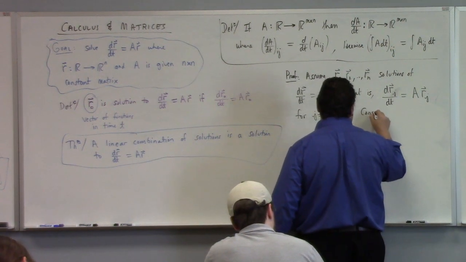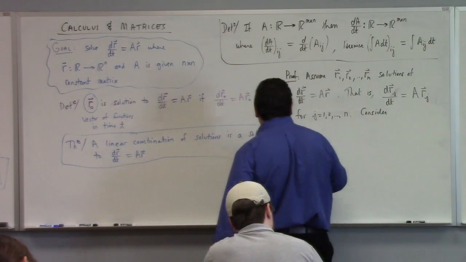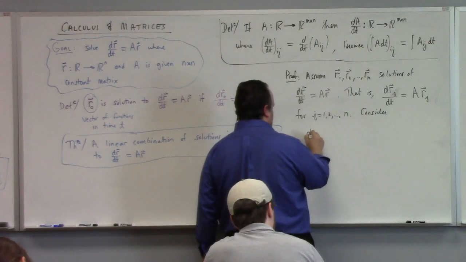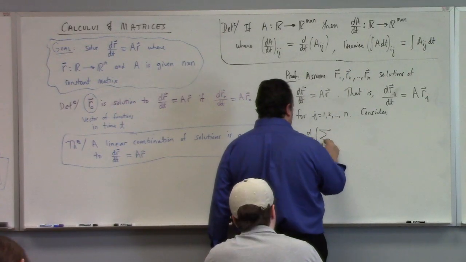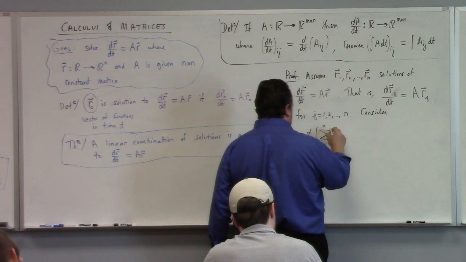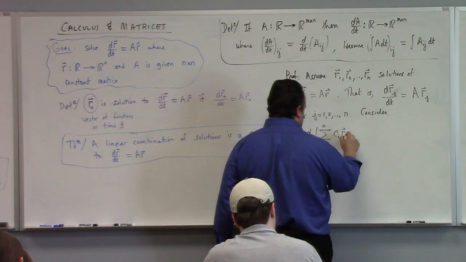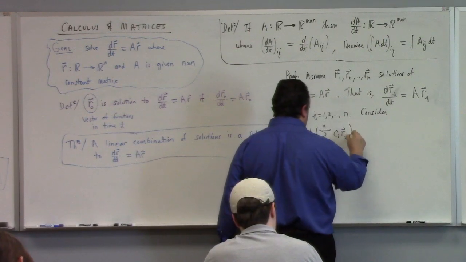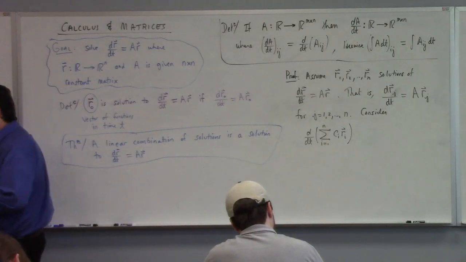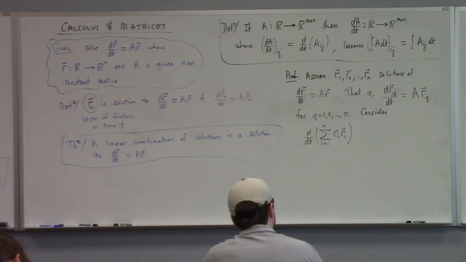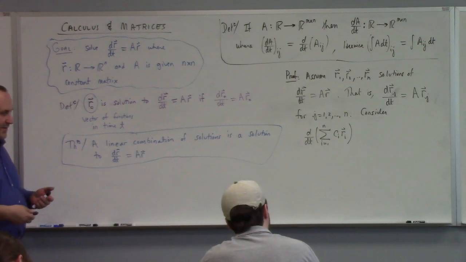Then consider, what is it if we take the derivative with respect to time of the sum, i equals 1 to n, of ci Ri? Now I'm going to have to use a property of derivatives that I haven't proved, but I hope you guys can forgive me. You don't want me to prove everything in here, right? You'd rather I just tell you how it works.